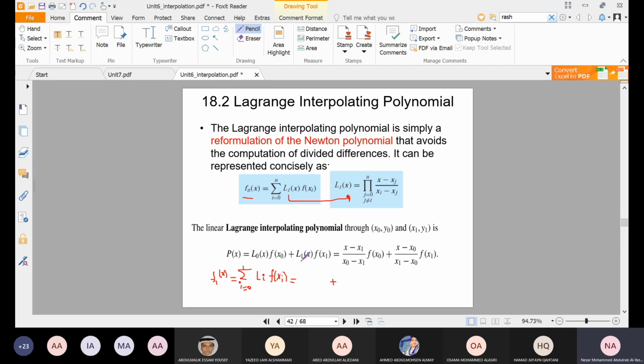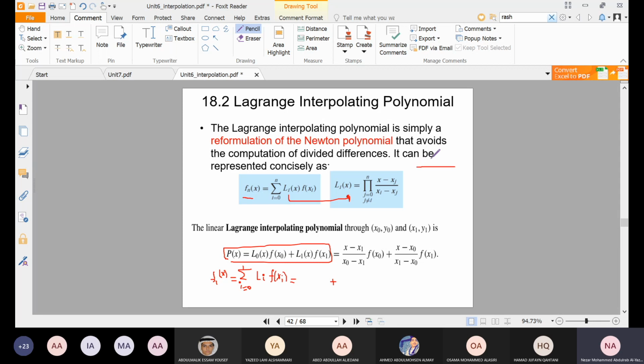So here I have L1, so i will be 1 now, f of x1. Okay, so we finalize with this polynomial. After that, f of x0 and f of x1 are given in the table.